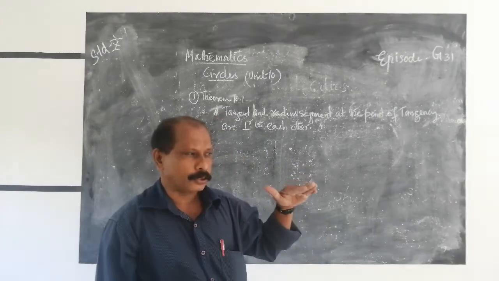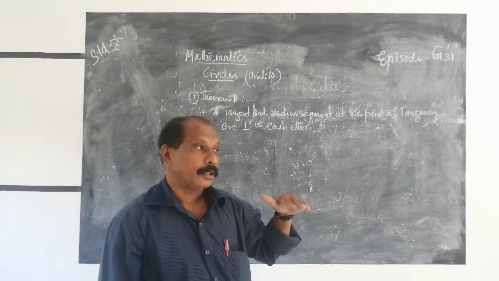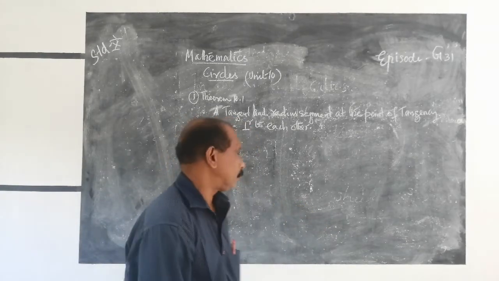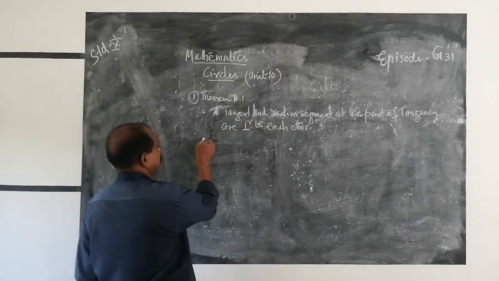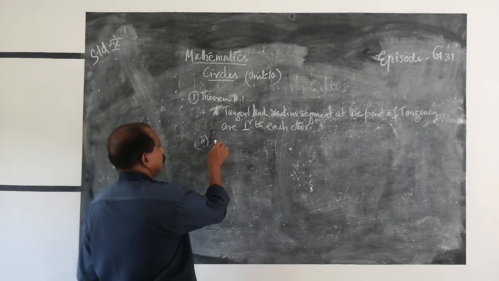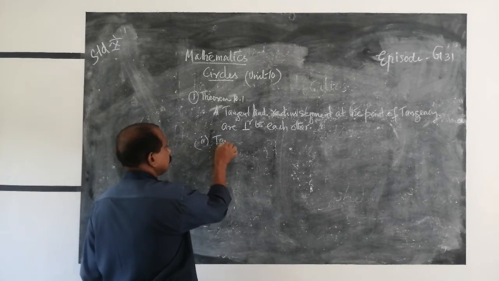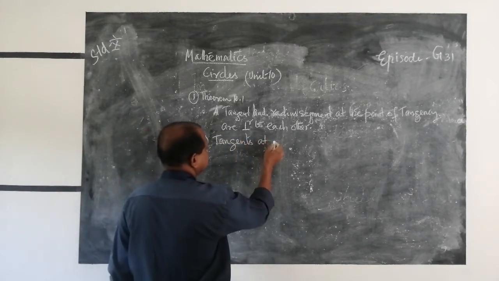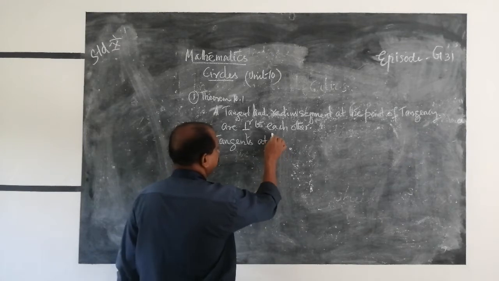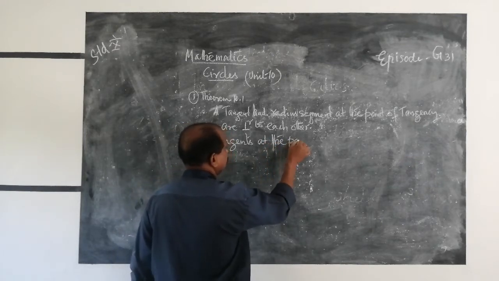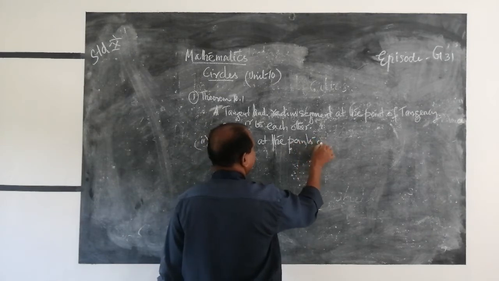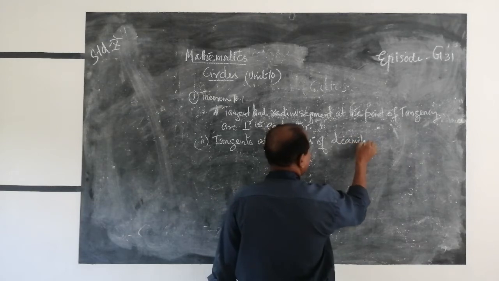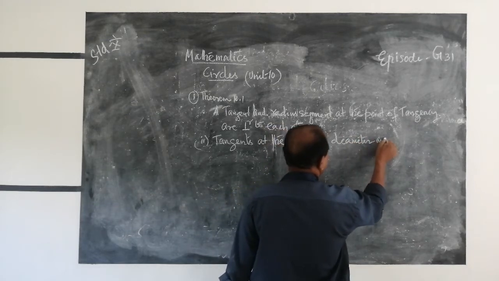The second case of that one is what? The tangents at the end of a diameter are parallel to each other. That is the second part of this theorem: tangents at the points of a diameter are parallel.